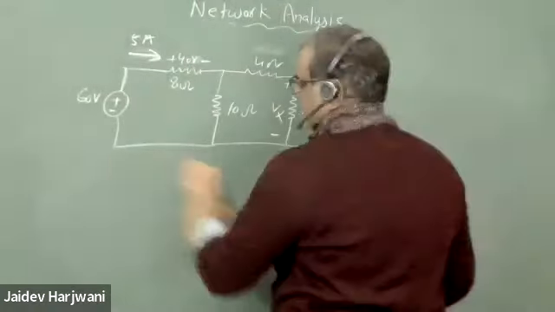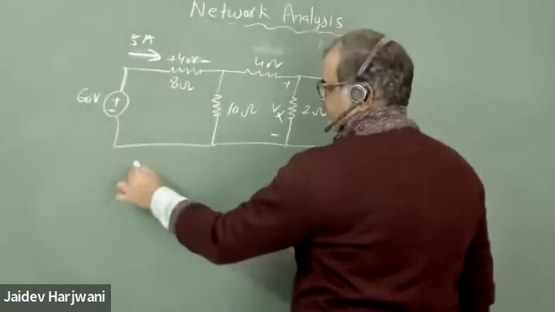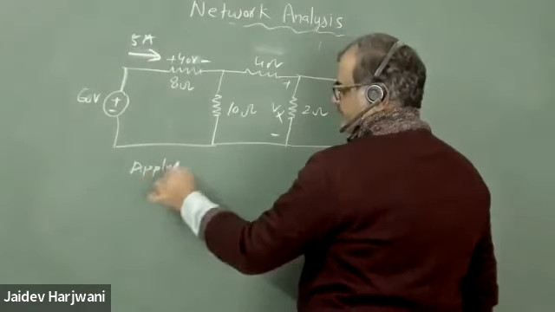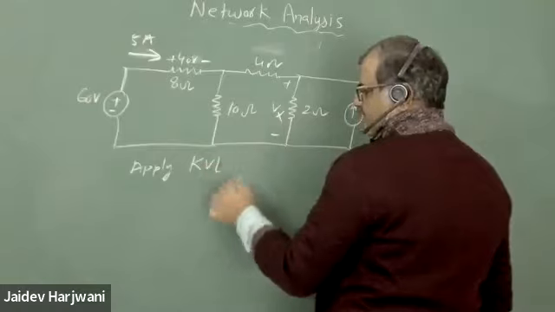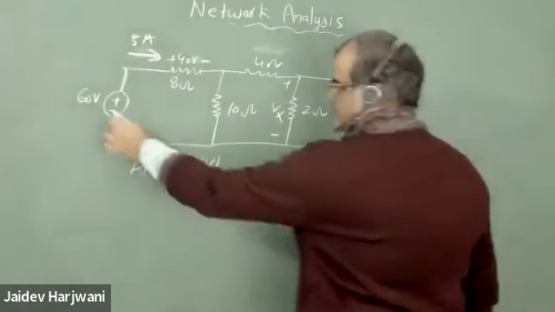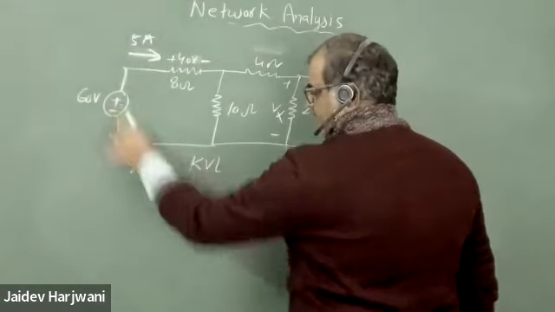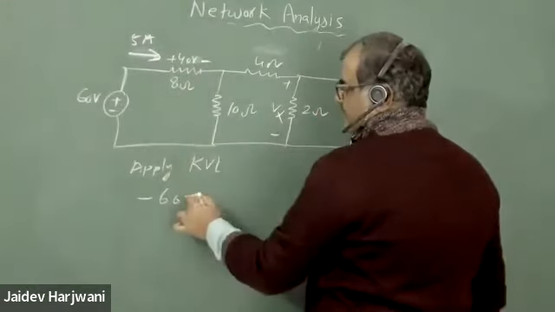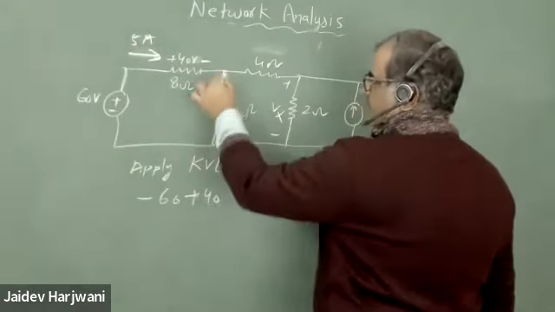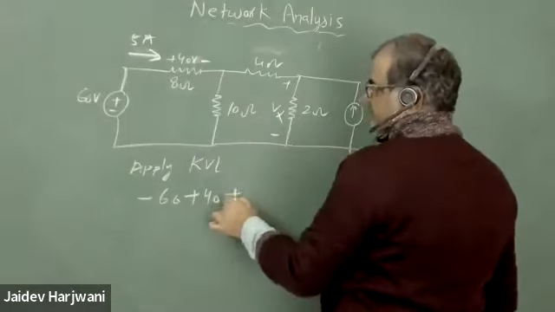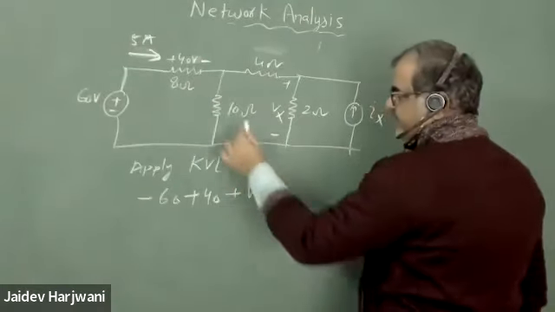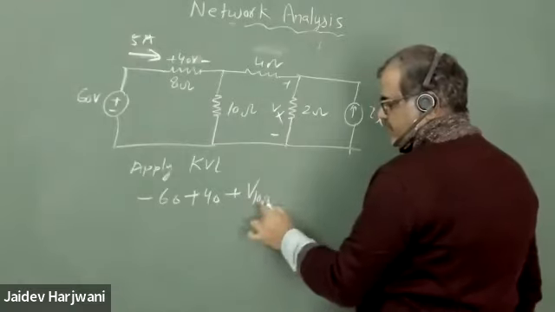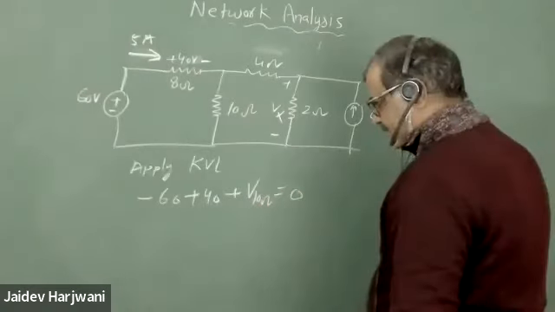So apply KVL in the first loop. How will I apply KVL? I write minus 60, then this is a drop, plus 40, say the voltage across the 10 ohm, V10ohm, equals 0.